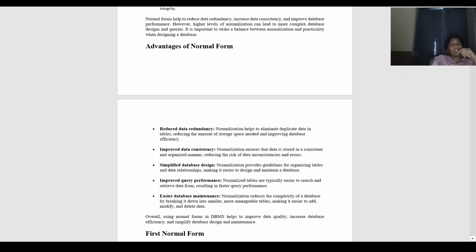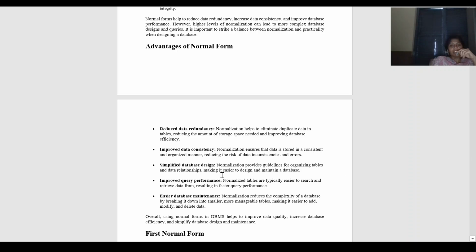So if the data is proper, then the data will be efficient. The risk of complexity should be very low, and the data must be consistent, not inconsistent.